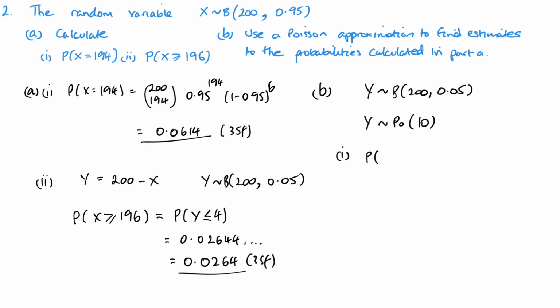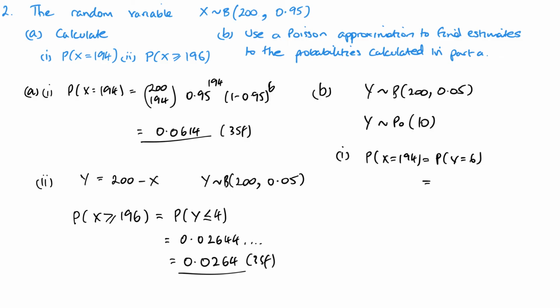So we are looking at now, instead of 194, remember I'm just using this, so substitute the 194 into here. 200 minus 194 is 6. So I can say that the probability when X equals 194 is the same as the probability when Y equals 6.